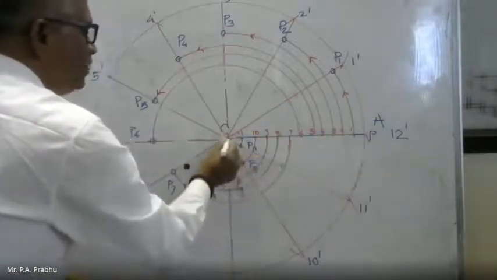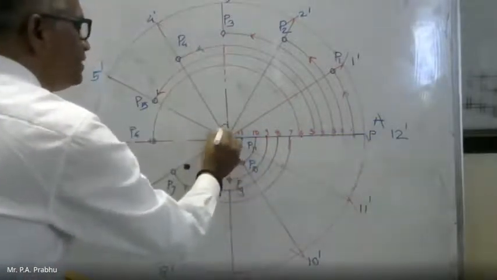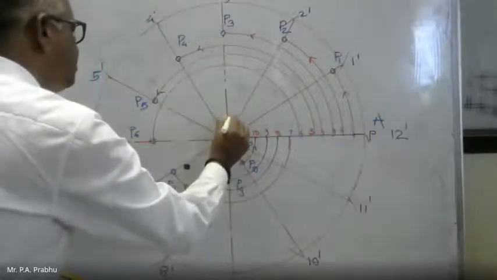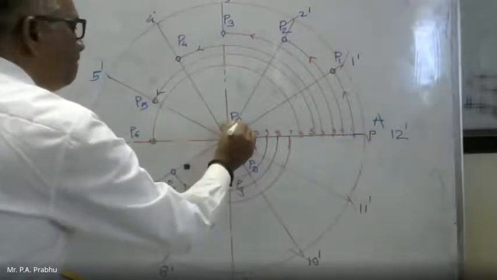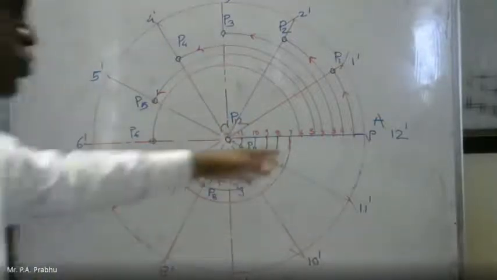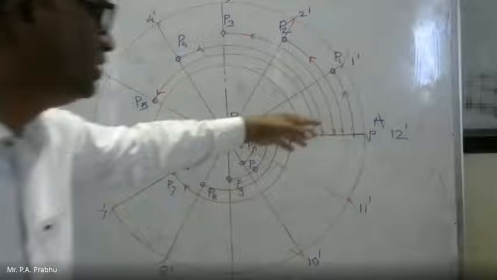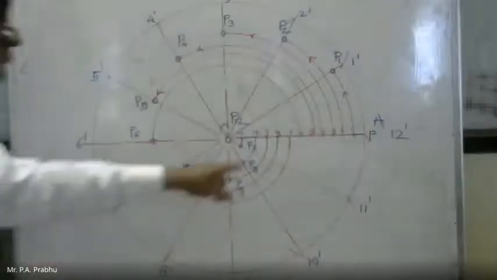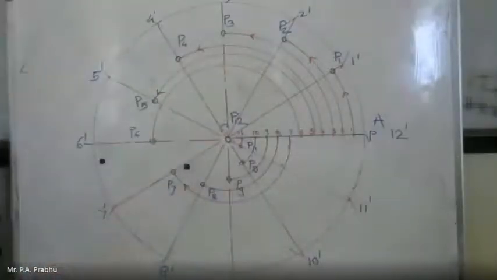And now point P reaches the last end, the last destination, that is P12. To draw this arc, it is not important. Okay, so we have to take the radius.